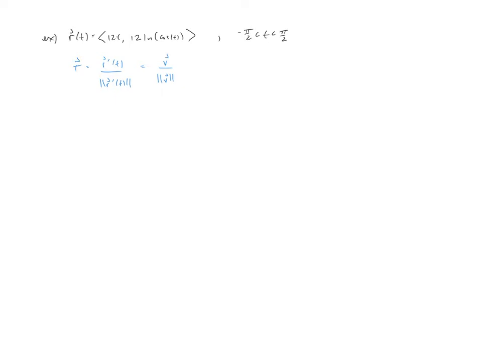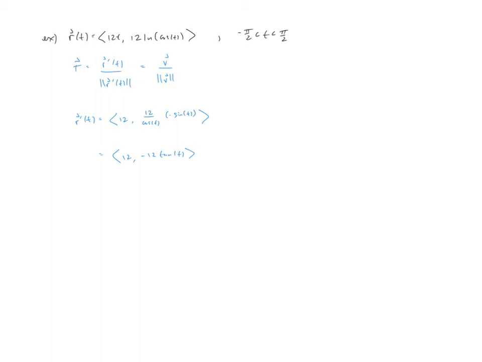So my r prime is going to be the derivative of this guy right here. So that's going to be a 12 for the first component. Then we're going to have a 12 over cosine t, back times the derivative of the inside, which would give us the negative sine t. And so if I simplify this, which I certainly would want to, that's going to be a 12 and then a negative 12 tangent of t.